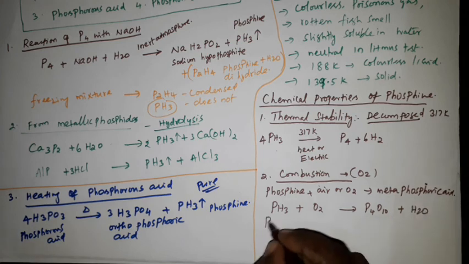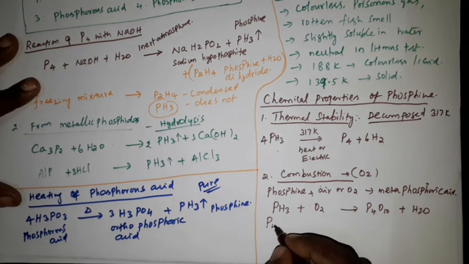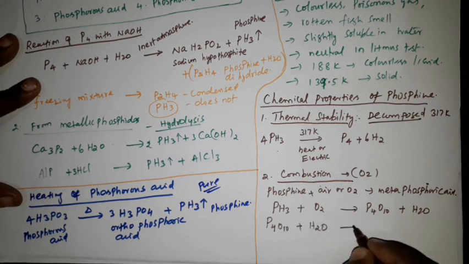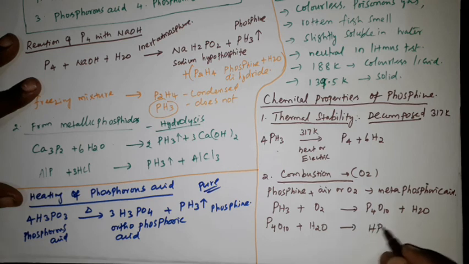Then again this P4O10 plus H2O, we are getting metaphosphoric acid, HPO3, plus water. Now balance the equation.